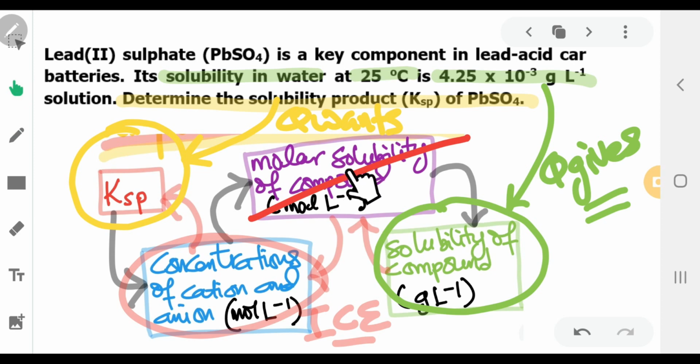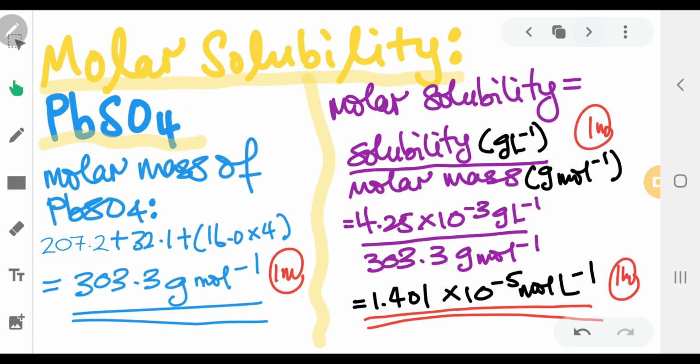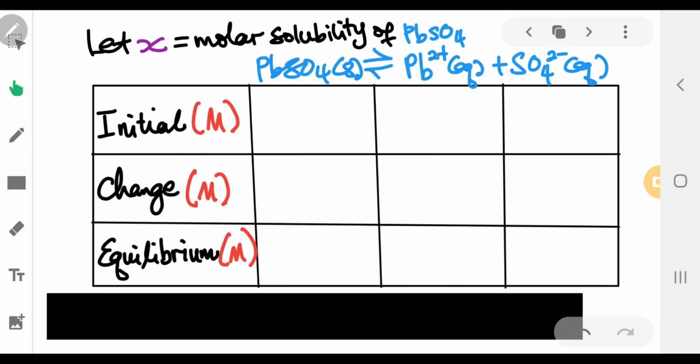Now, from here, we need to move forward towards finding the concentration of cation and anion through the utilization of the ICE table. We have found the molar solubility just now, and we're going to use this value of molar solubility in your ICE table right here.